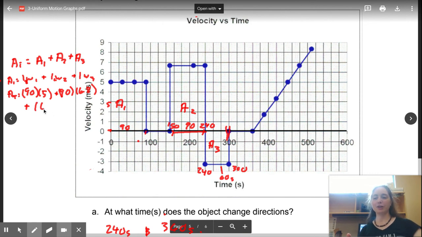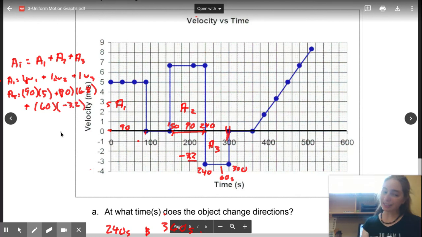So that would be your 60 seconds times, now this is going to be 3.2, but that's negative. That is negative 3.2. So plus negative 3.2, because the question says displacement, not distance. So that means we have to take direction into account, and that's going down past 0 into the negatives.